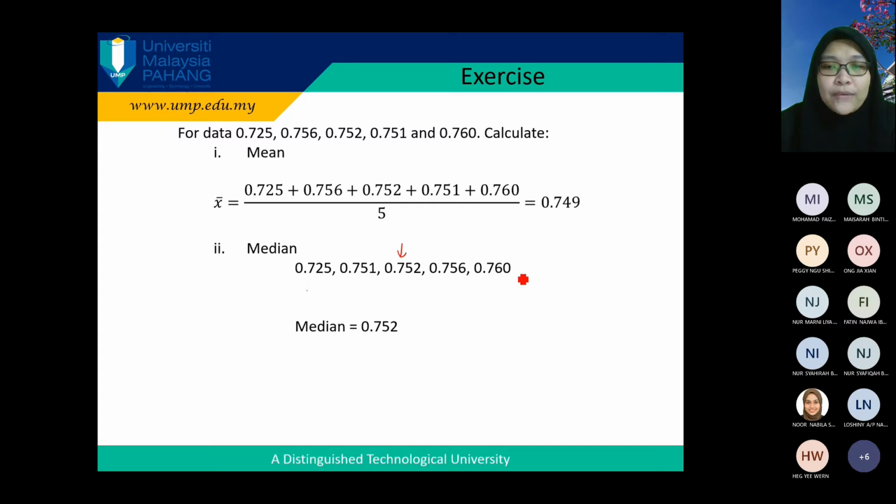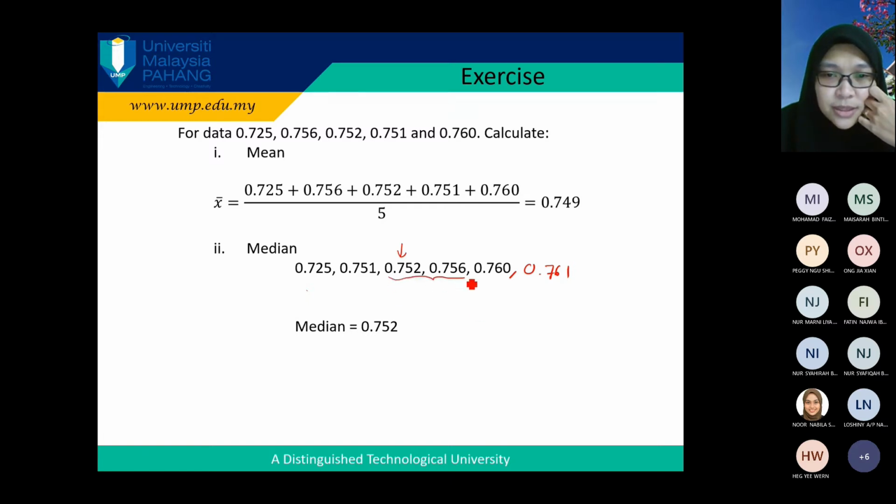What if you have another value here, 0.761? So which one is in the middle? How to calculate the median? Anyone? You need to unmute. Doctor, yes. Plus the two middle numbers and then divide by 2. Thank you very much.